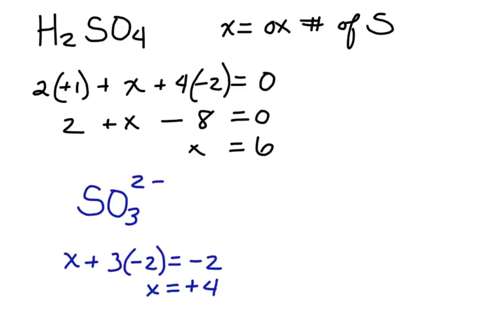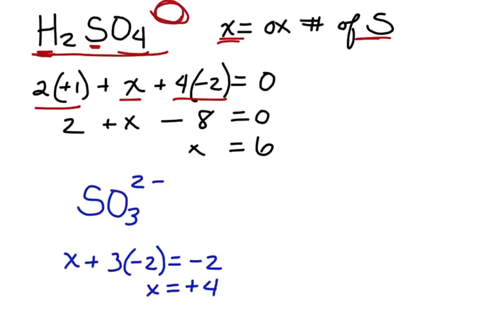Well, let's go back and look at these examples. If I had H2SO4 as my example, and we ask what is the oxidation number of sulfur, we can let X be the oxidation number of sulfur. We have 2 hydrogens, so 2 times +1, plus sulfur, which is X, plus 4 times -2, because oxygen in its compounds is almost always -2.